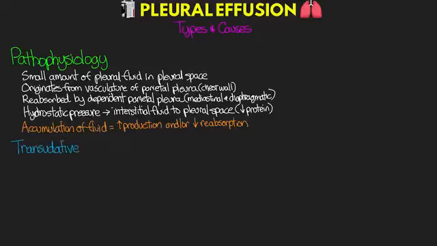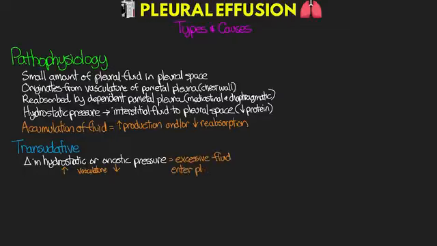And so this results from changes in either the hydrostatic or oncotic pressure. So we can see increased hydrostatic pressure inside the vasculature or decreased oncotic pressure in the vasculature, both of these causing excessive fluid to enter the pleural space. So really think of this one as a pressure-driven fluid leak without any capillary damage.